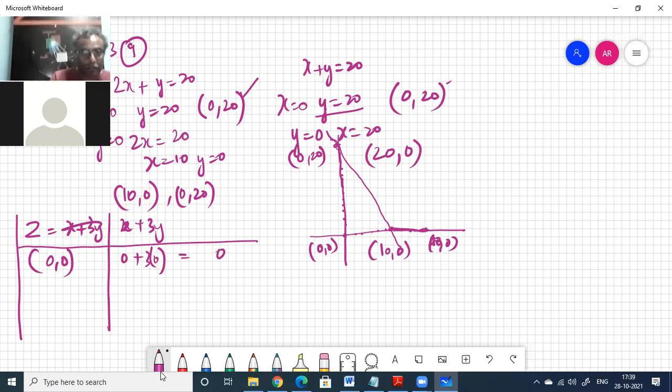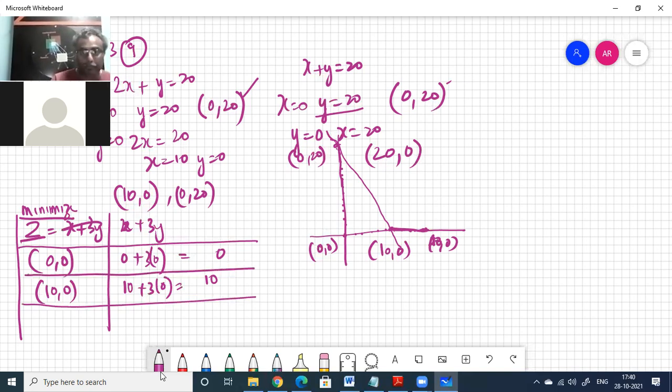Then 10, 0 is the next point. You have to find minimum, minimize z. 10 plus 3 into 0 is equal to 10. This is the second one.